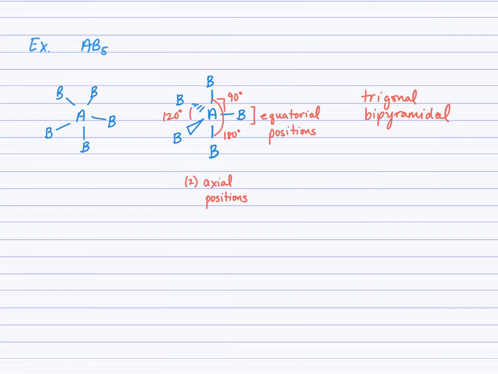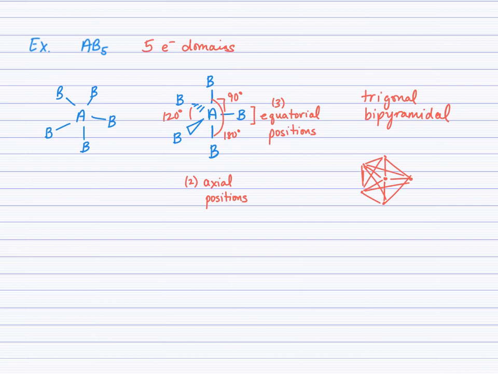The idea that we have a central atom here, and 2 axial positions, and then 3 equatorial positions that essentially build up a pyramid on top there, and then a pyramid on the bottom. So it's a little bit tricky to see there. It's a little bit tough with the dimensions. Okay, so there are 3 equatorial positions and 2 axial positions when there are 5 electron domains.